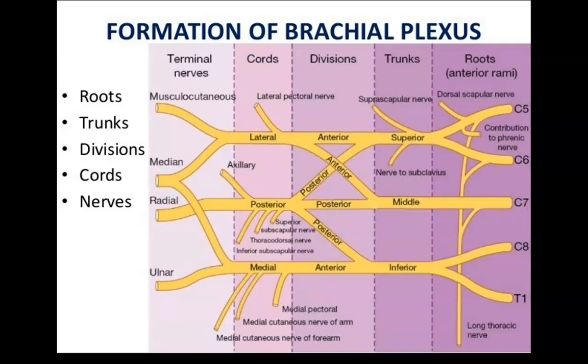You all know about it. It is, to remind you, formed of roots from C5 to T1, dorsal 1, roots, trunks, divisions behind the clavicle, and cords, the lateral, medial, and posterior cord, and then we have the terminal nerves.